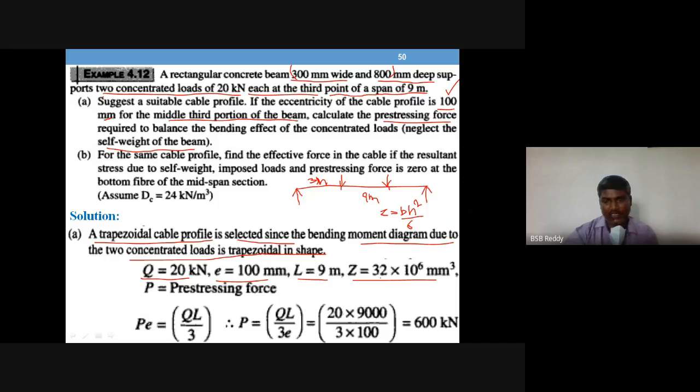Substitute and get 32 into 10 power 6 cube. You need the P value, the pre-stressing force.